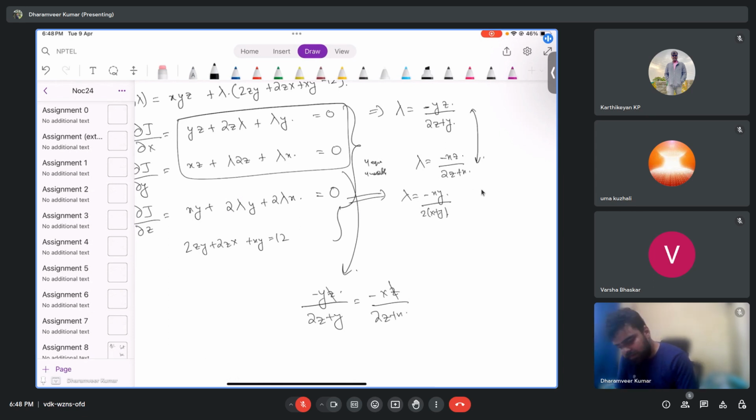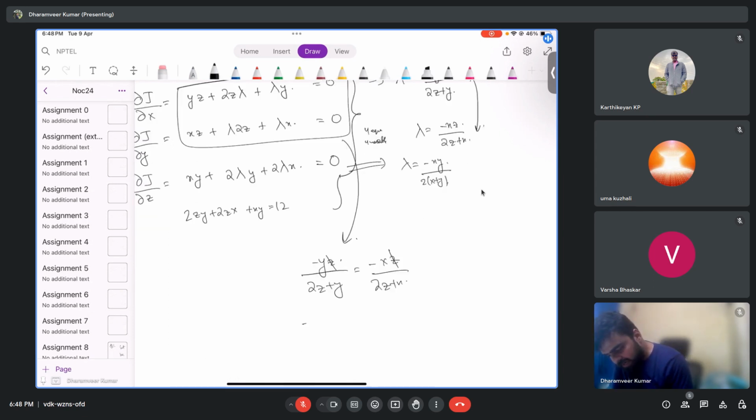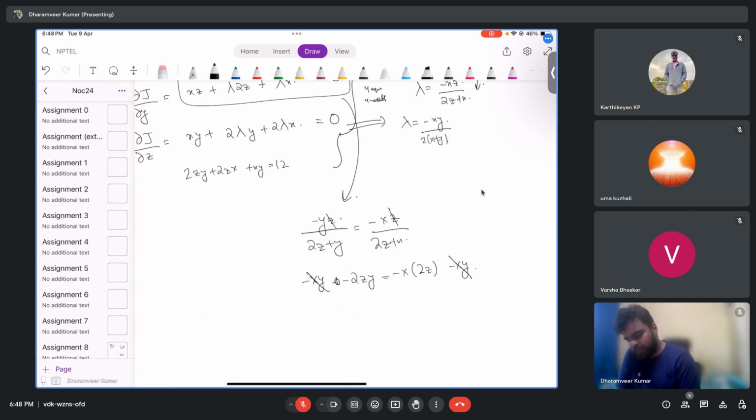This is gone. That implies minus xy minus 2zy is equal to minus x 2z minus xy. Okay, minus xy is gone, 2z is gone, that implies x equal to y.